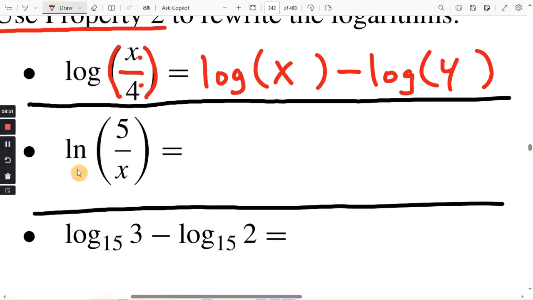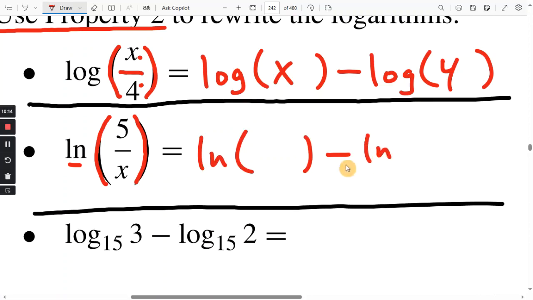All right, please pause and try this example right here, the same way we did number 1. So we have a quotient here for the argument. This right here, 5 divided by x, is the argument on ln. Since we have a quotient, we're going to be subtracting. So we keep the ln, and I am going to use a minus because we have a quotient for the argument.